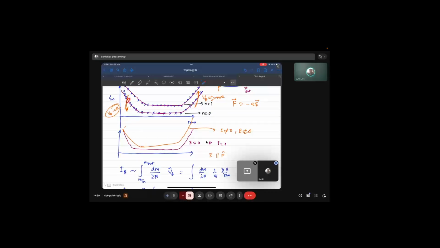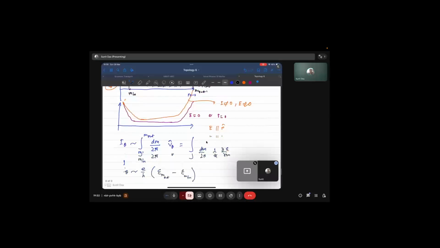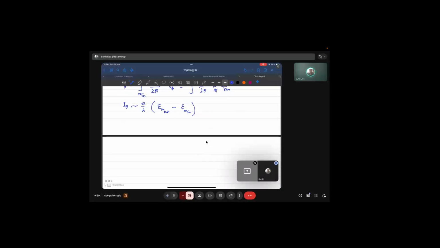Okay, so this is, let's say, m in. So let me write down, it will be better. So this is my m in, and this was, let's say, the physical edge. So somewhere the Fermi energy was lying here. M out. Okay, so now this is the energy difference between M out and M in.